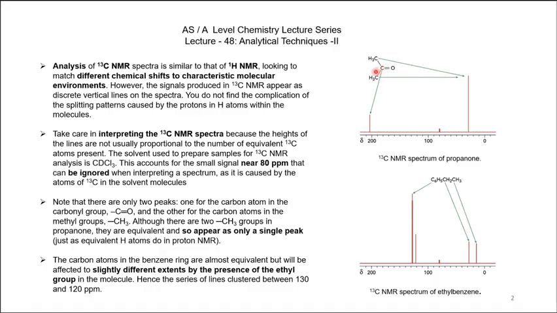Once we dissolve the molecule in CDCl3, we also get a peak for CDCl3, and that peak is around 80 ppm. So we will be ignoring the peak of CDCl3 while interpreting our NMR spectra.